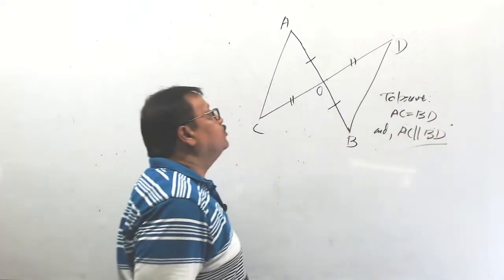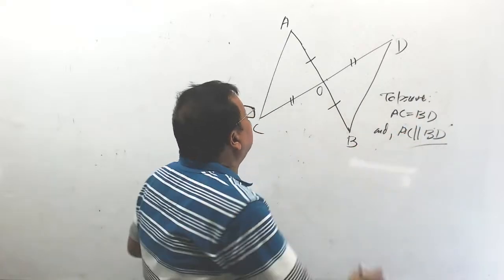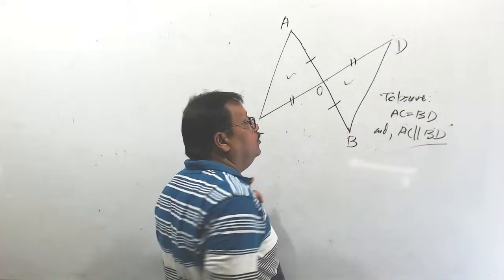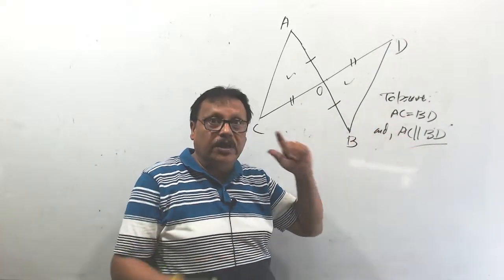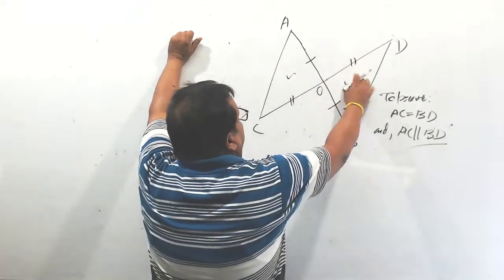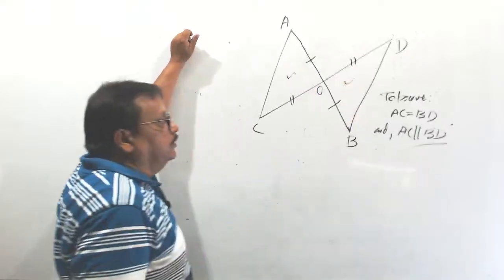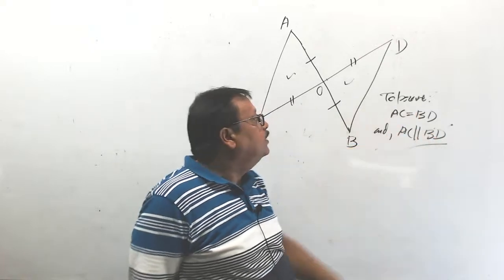These two, AC and BD, are lying in these two triangles. First you have to search for the triangles where these sides are included. So these two triangles. Now if you can prove these two triangles are congruent, you get the answer.